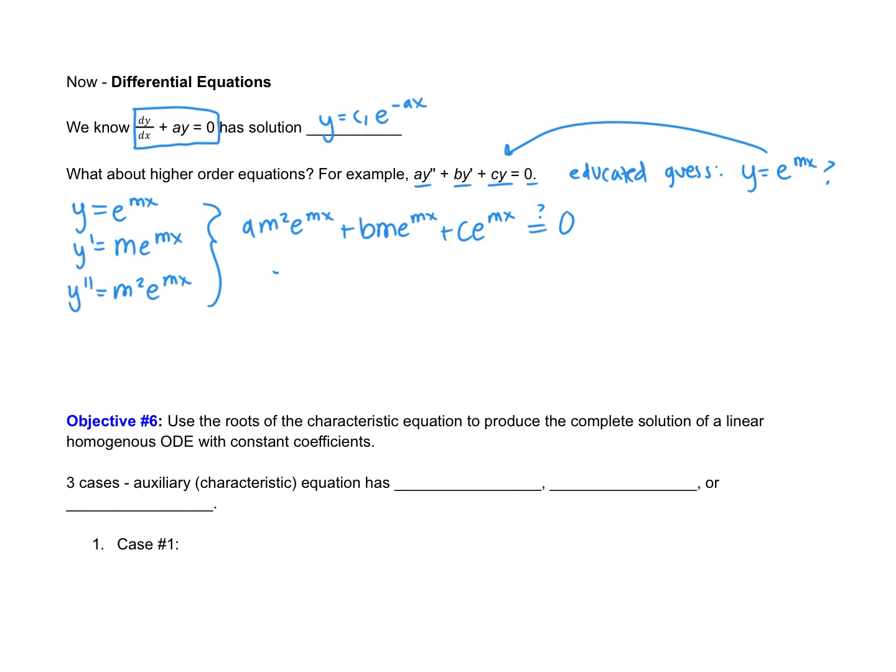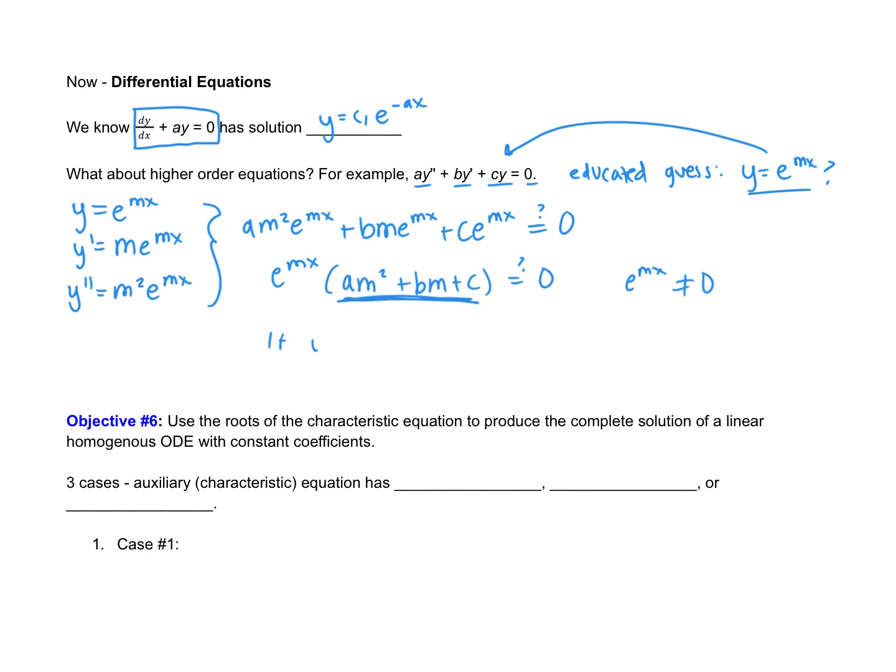Let's factor out e to the mx, which gives us am squared plus bm plus c. Again, we want to know if this equals 0. Now, we know that e to the mx cannot be 0, which means the only way that this is a solution is if this factor is equal to 0.